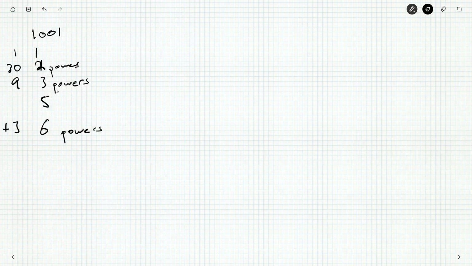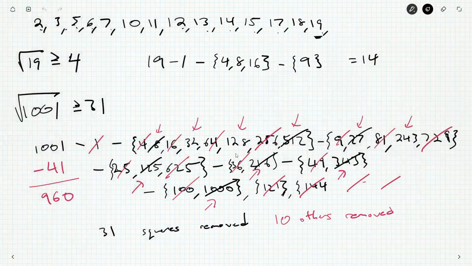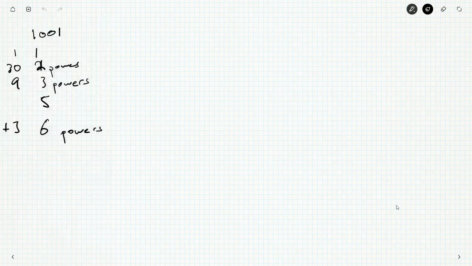There were a few fifth powers that we needed to subtract. What was it? 243, or sorry, 243. So 32, 243, and that was it. So there's 2 fifth powers that we needed to add back on. And then there was minus 1 seventh power.